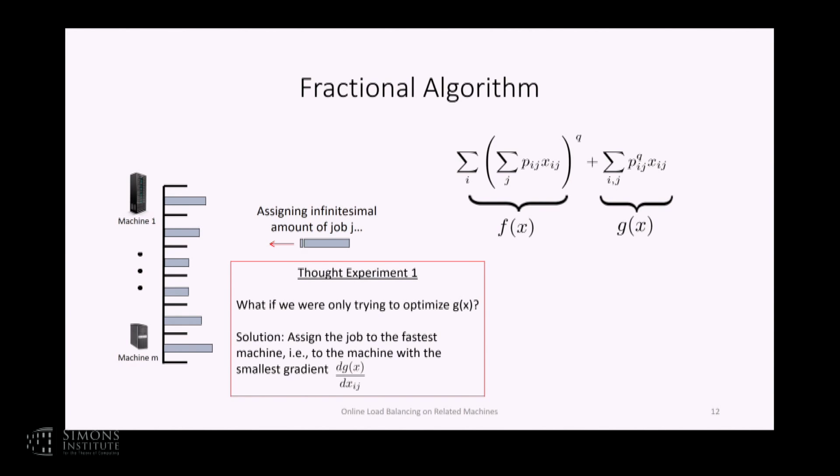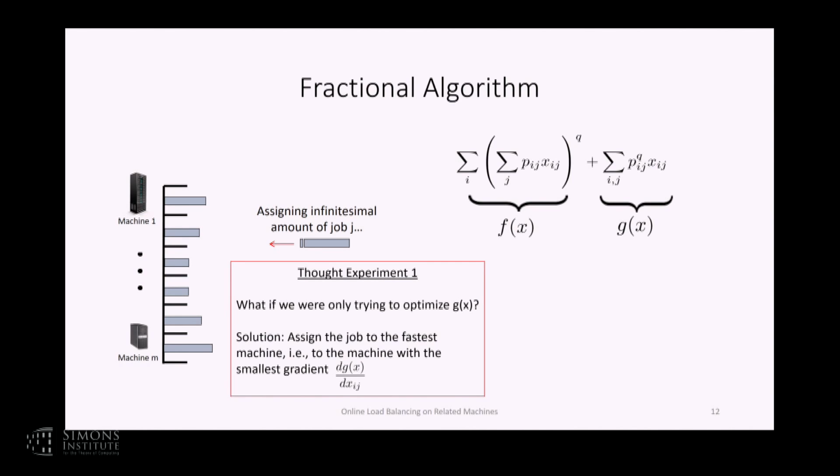This term is linear in the assignment. Clearly, the fastest machine gives me the smallest coefficient, so I should be assigning there. But let me rewrite that rule as saying that I want to assign to the machine that has the smallest gradient of g(x) with respect to x, the assignment variable. The same thing, I just wrote it in this manner because I want to generalize it later.